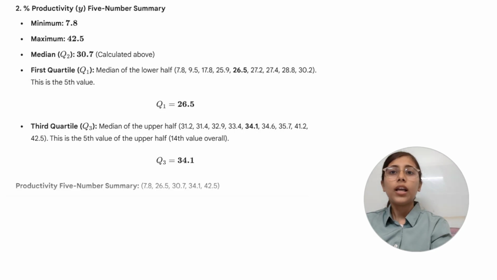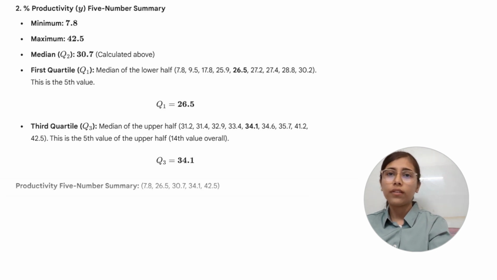Now the third quartile, the median of the upper half, which contains values such as 31.2, 31.4, 32.9, 33.4, 34.1, 34.6, 35.7, 41.2 and the last one 42.5. So this is the fifth value of the upper half, the overall 14th value. So Q3 is equal to the fifth value of this upper half, which is 34.1.